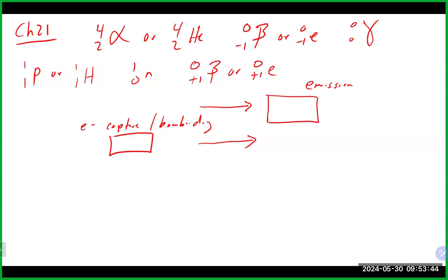So the way we balance nuclear equations is a little bit different. We balance them by making sure that when it's all said and done, if you add up all the total mass numbers on the left-hand side of the arrow, they should equal all the mass numbers on the right-hand side of the arrow. And in terms of atomic numbers, on the left-hand side, they should also equal the atomic numbers on the right-hand side.